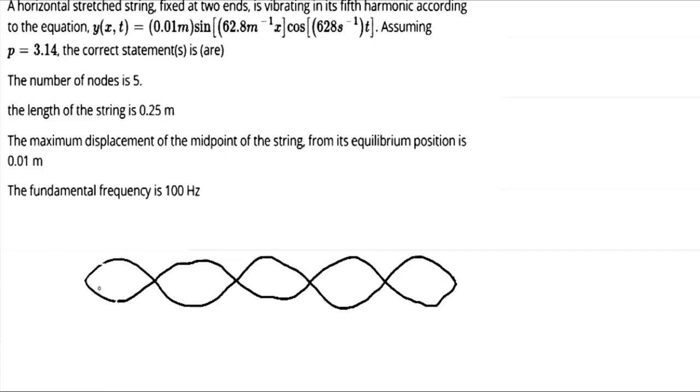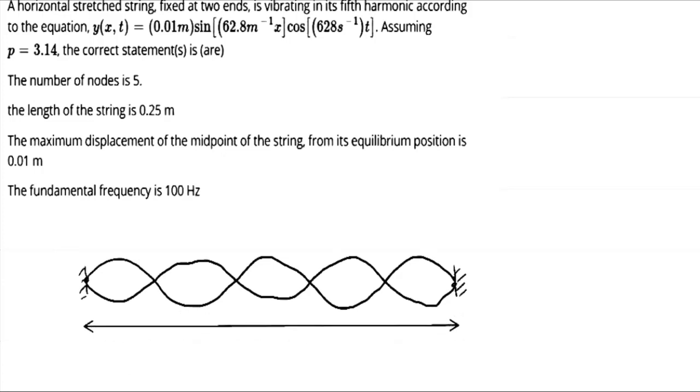It's not an accurate diagram, but still we can manage with it. So these are the two ends, and there will be a node at the two ends, so this will be the length of the string.